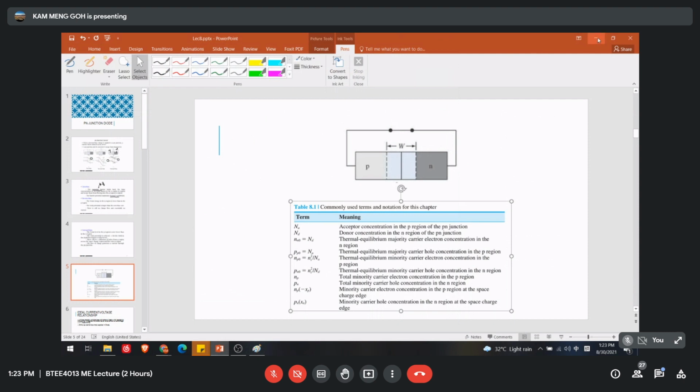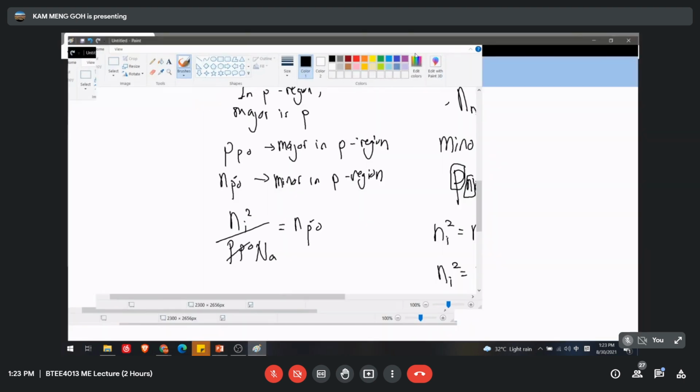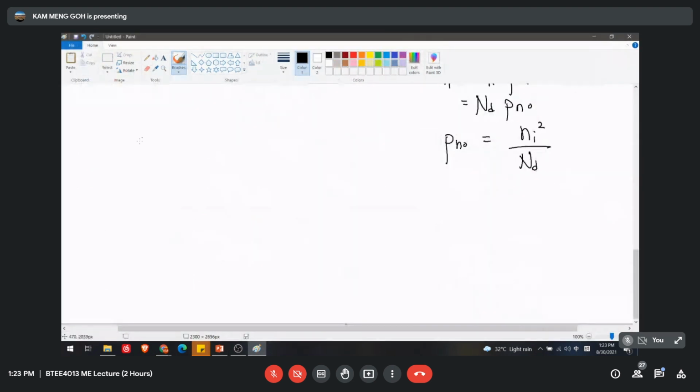Okay, so right now we have the other two. We have NNO, PPO, PNO, and NPO. This is for the N region, and this is for the P region.